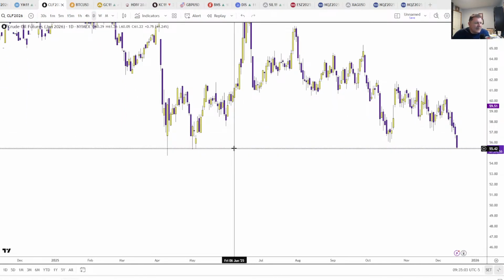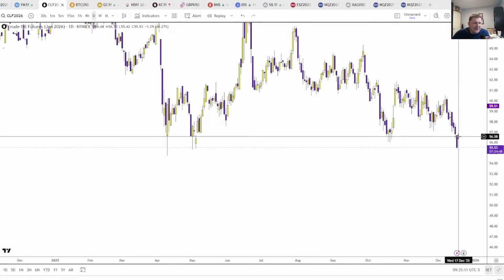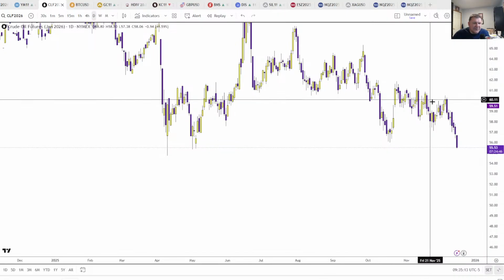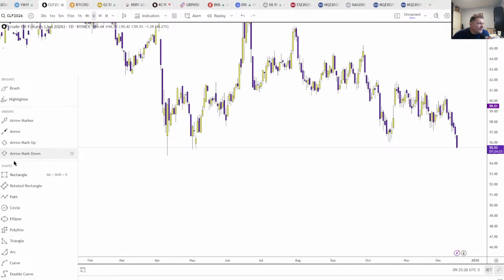So we're looking for a sweep of 55.34 and 54.76. If we continue to rip through that, like right now, I'd like to see that. Now we're in this range extension. See how we traded through that level? Now you want to see a range extension model, so you want to see this trade back into this. And if you go down to the lower time frames, we'll see if we actually hit that.